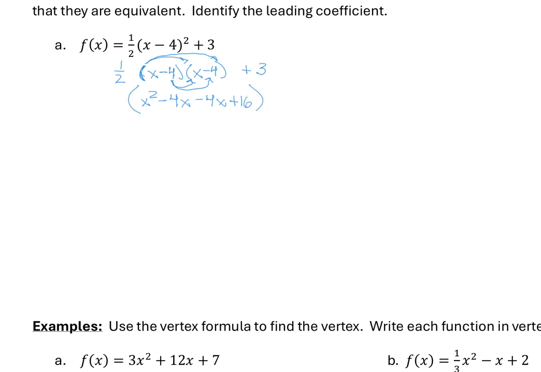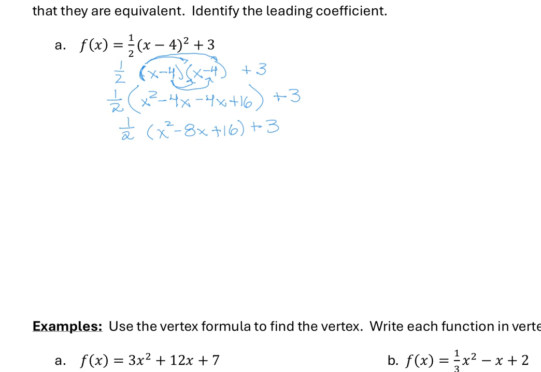I'm going to put this all in parentheses because we do have that 1/2 on the outside that we are going to have to distribute, and I'm going to bring down my 3. If we combine our like terms inside, we have x squared minus 8x plus 16. We still have our 1/2 on the outside, and we still have our plus 3.